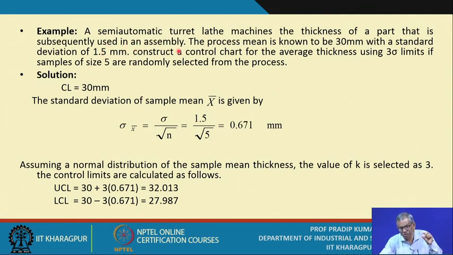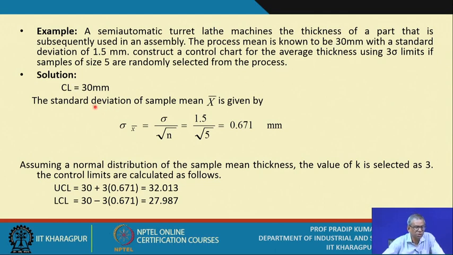So thickness is your basic quality characteristic of interest. The process mean is known to be 30 mm, with a standard deviation of 1.5 mm. That means this is also the process standard deviation or the population standard deviation. Construct a control chart for the average thickness using 3 sigma limits if samples of size 5 are randomly selected from the process. Okay, so this is your problem.